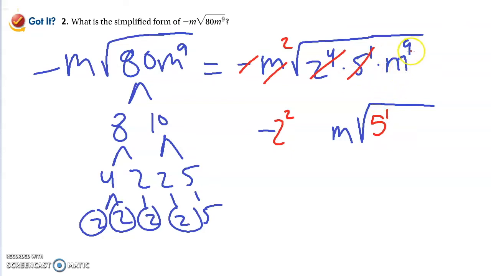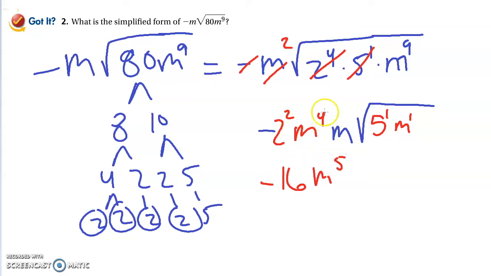M has 9 tickets, and it costs 2 tickets to ride the ride. So that means that M can ride the ride 4 more times. He uses 8 tickets, so he has 1 left over. And if I multiply all of these numbers in front together, I end up getting negative 2 times 2 times 2 times 2 is 16.